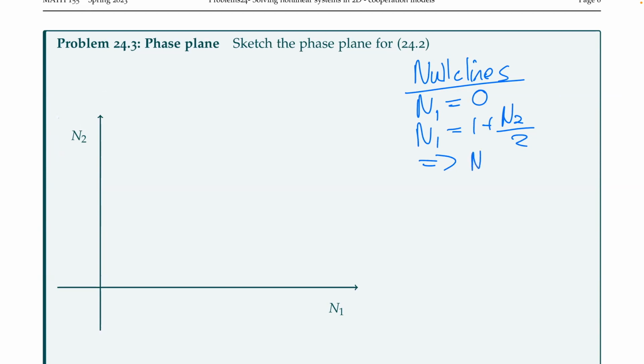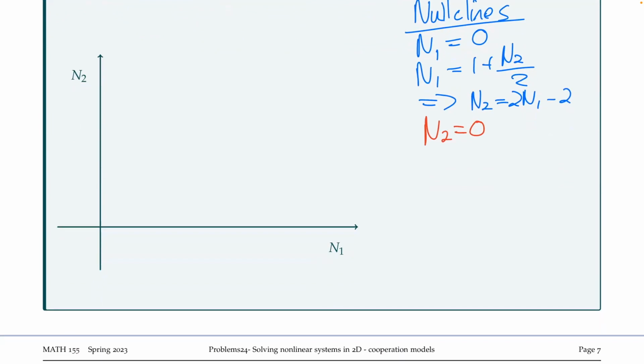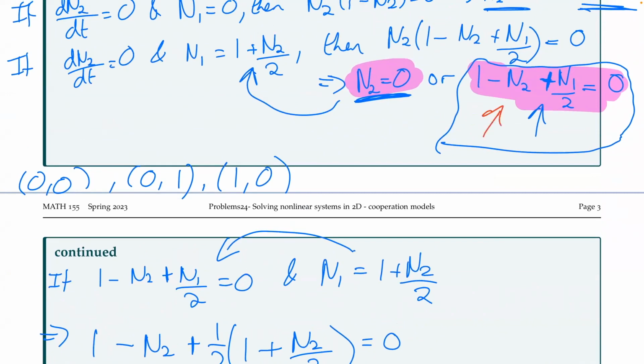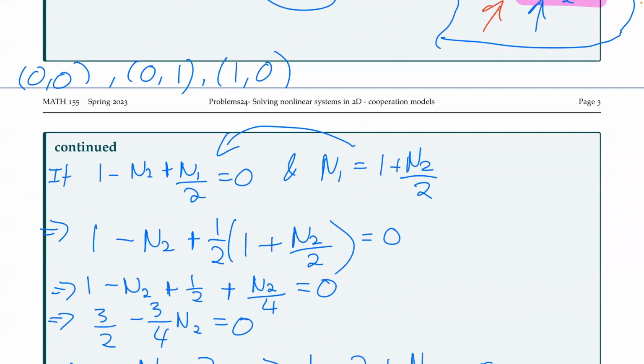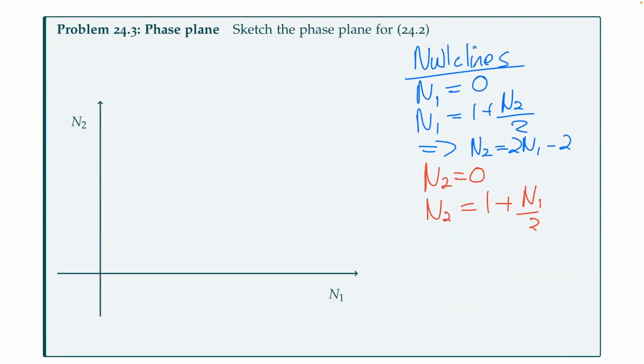So in this case, I'm going to write it in terms of n2, which is equal to 2n1 minus 2. My other null lines are n2 is equal to 0. And similarly, I can write n2 is equal to 1 plus n1 over 2 by rearranging this thing here, just adding n2 to the other side. Okay, so these are my null lines.